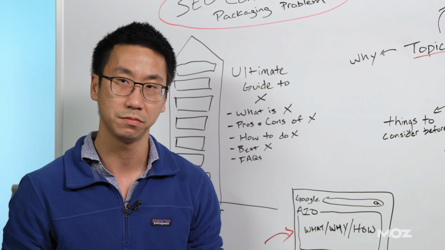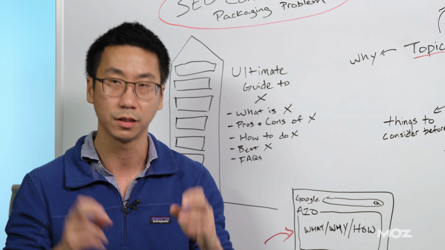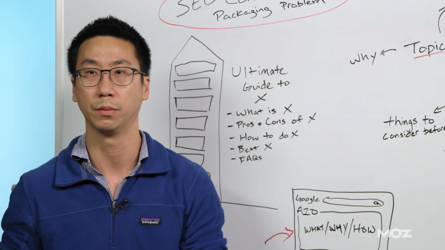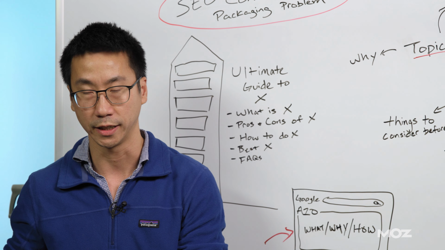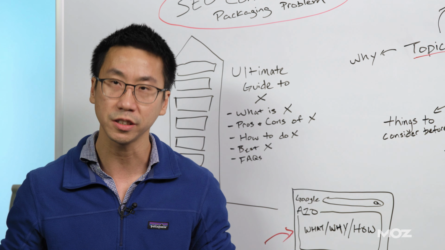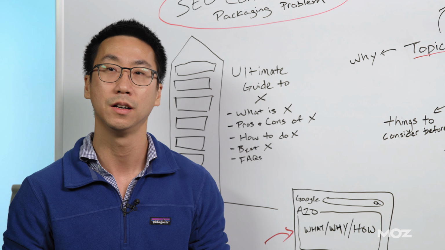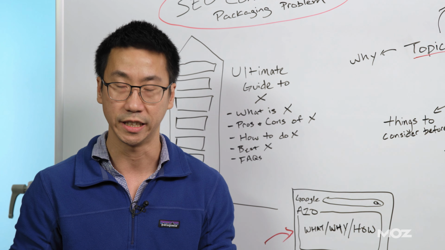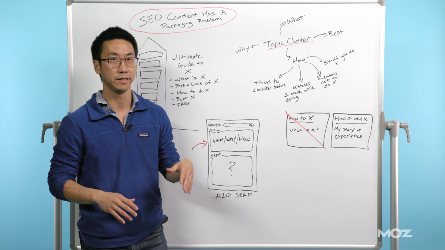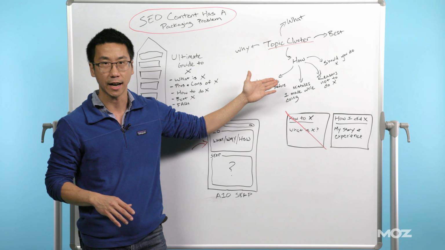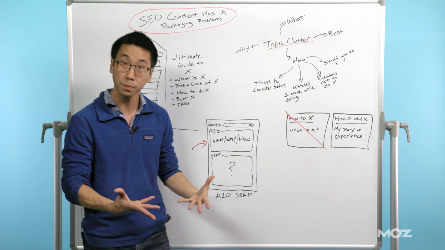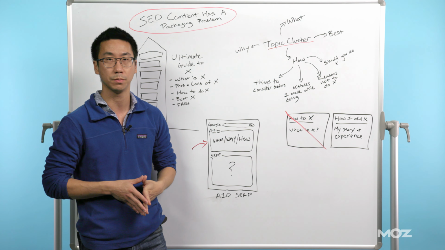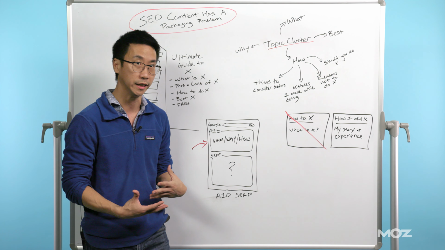So instead of targeting the keyword, how to train for a marathon, do email marketing, start on a particular diet, we have to understand that users care about different perspectives given the topic. And this how query can actually be broken into a variety of different perspectives that the user is likely to care about within their search journey.